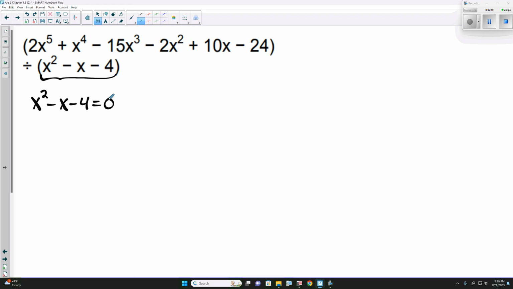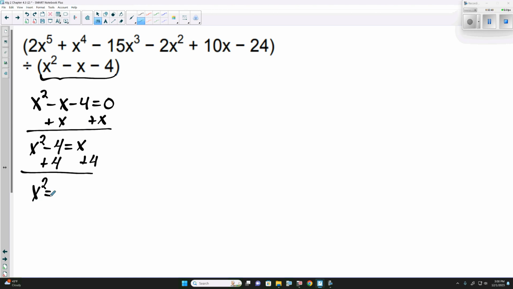But instead of getting x by itself, we're getting x squared by itself. We get the biggest one by itself. So we would add x to both sides. Minus x squared minus 4 is equal to x. Then we add 4 to both sides. Minus x squared is equal to x plus 4.